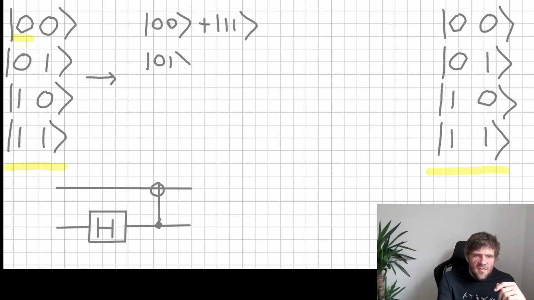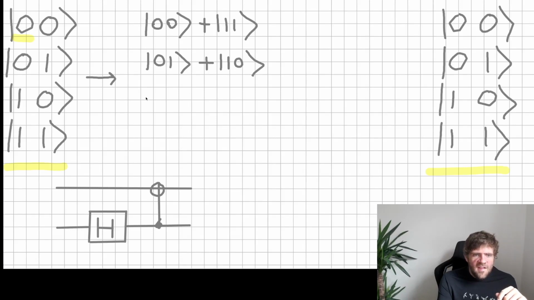In the case where we start with 0, 1, we'll get 0, 1 plus 1, 0, with the first term being the one where the controlled NOT acts on the 0 part of the superposition induced by the Hadamard, and therefore gives us our original state back. The second one where it acts on the 1 part. Oh, sorry. Oh no, that's right. Yeah.